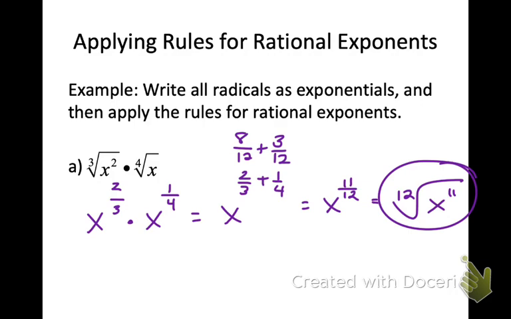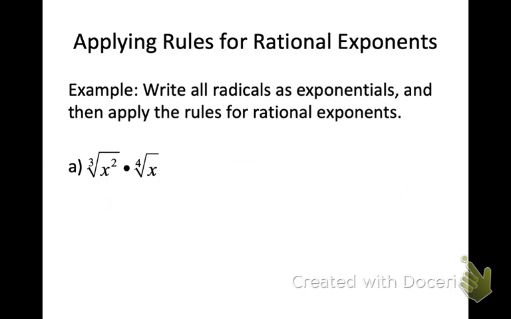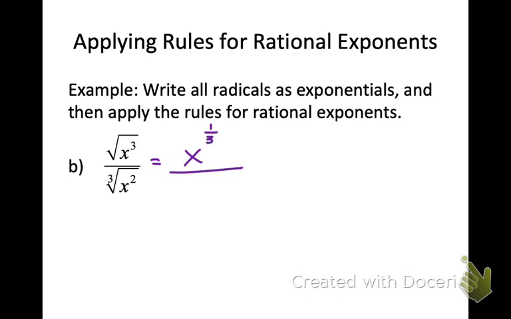Okay. All right. Second one. Same thing. Instead of multiplying, we're just dividing. So we have a square root of x to the 3rd over the cube root of x squared. So that's going to be x to what power? 1/3 all over x to the 2/3. 1/3 minus 2/3 is what?